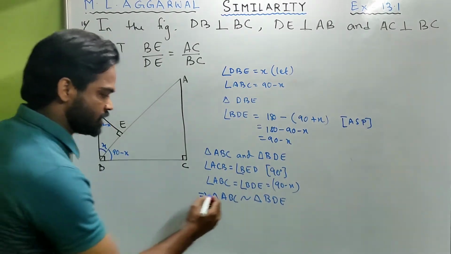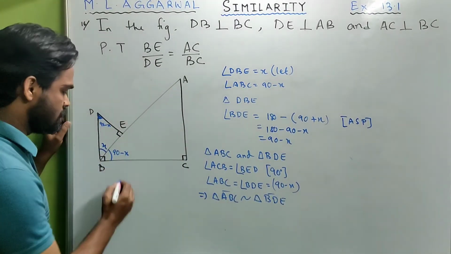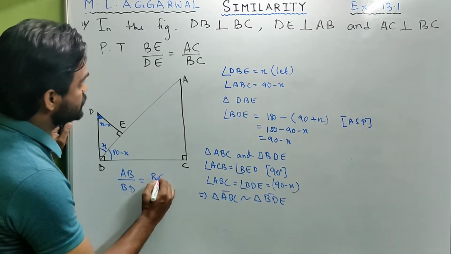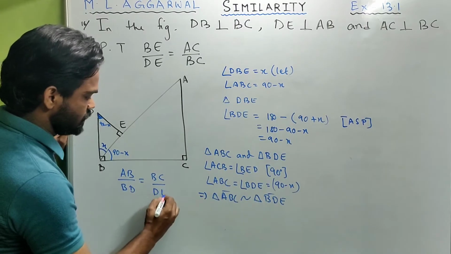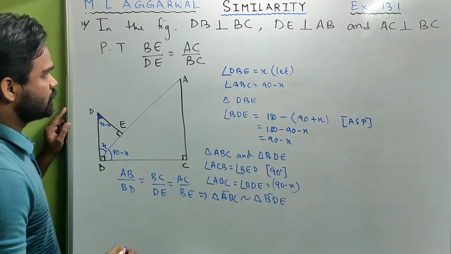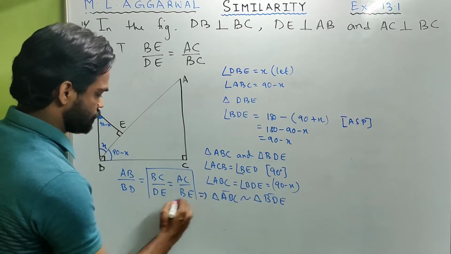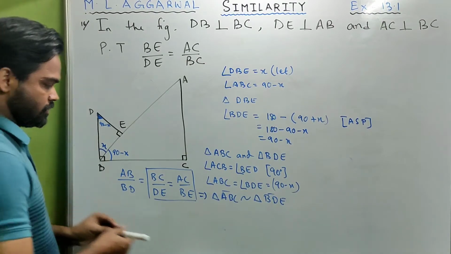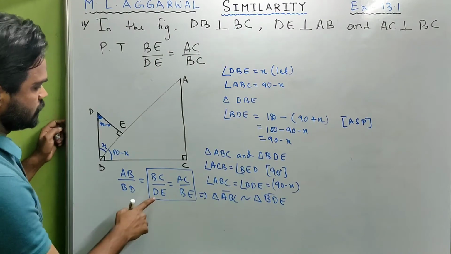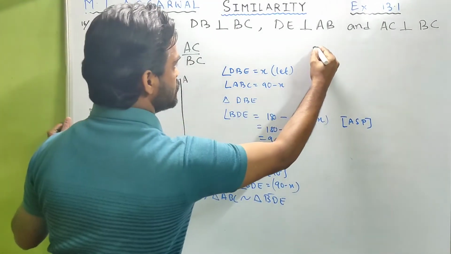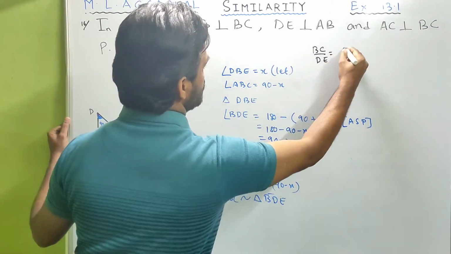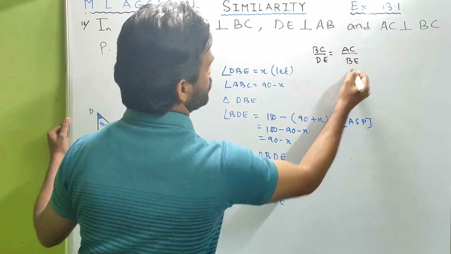And once they are similar, we can say that the corresponding sides are proportional to each other, which means AB by BD is equal to BC by DE is equal to AC by BE, isn't it? Now take these two: BC by DE is equal to AC by BE.